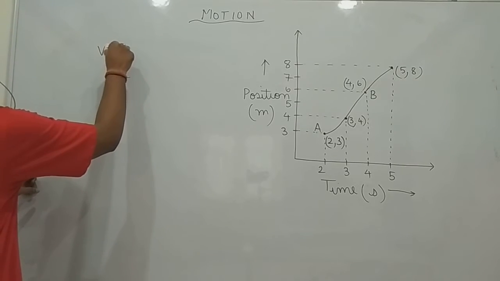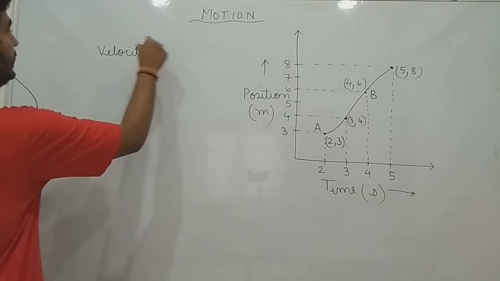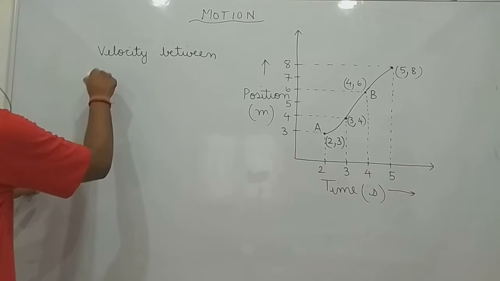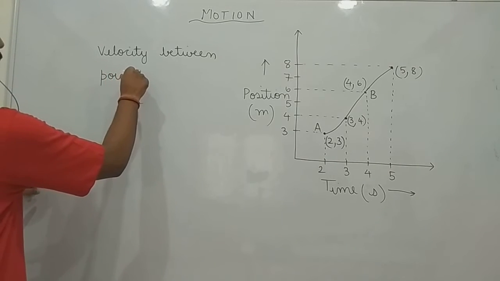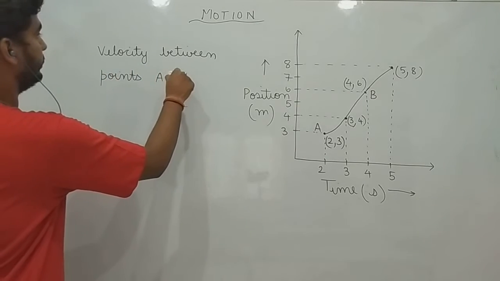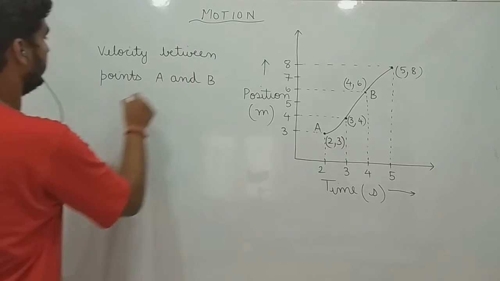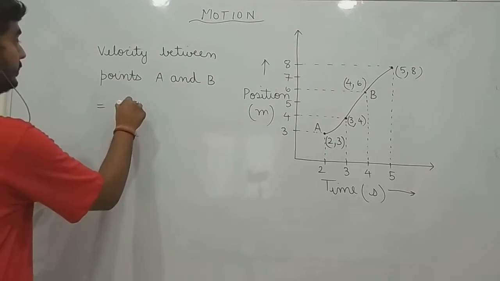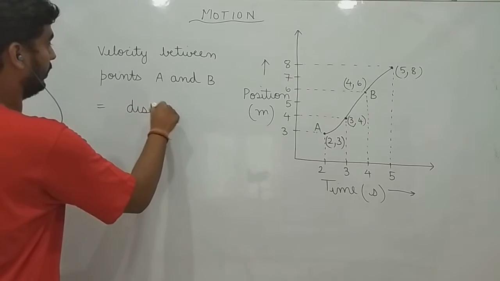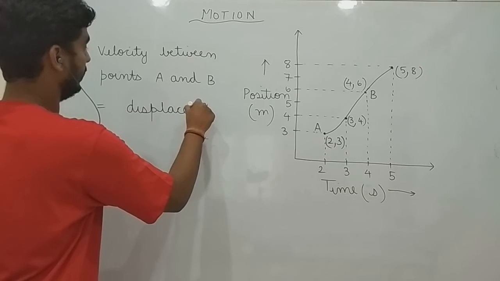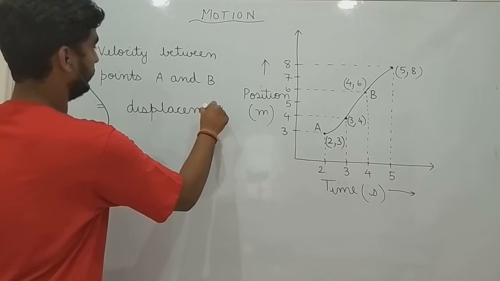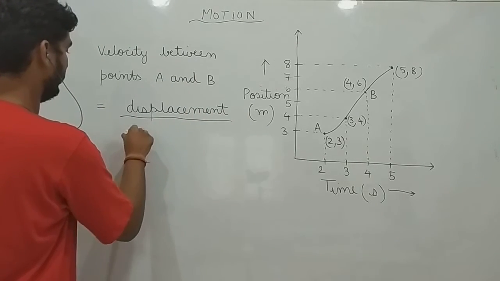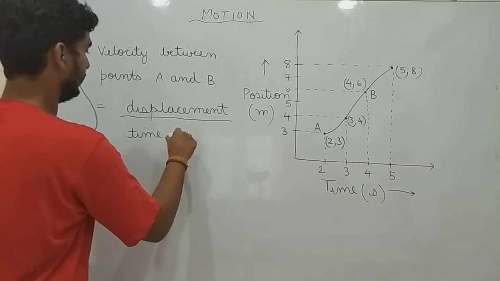So the velocity between point A and B, we have calculated it using what? Displacement divided by time interval.